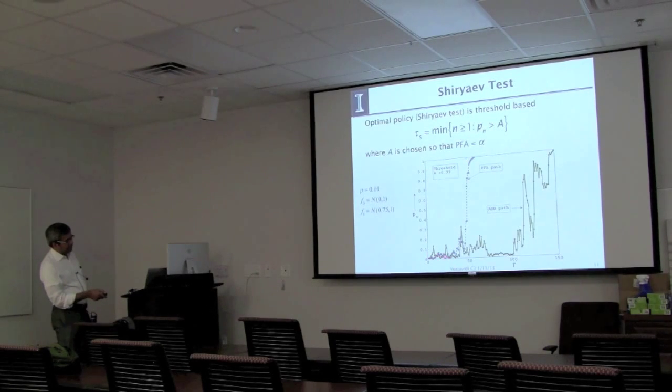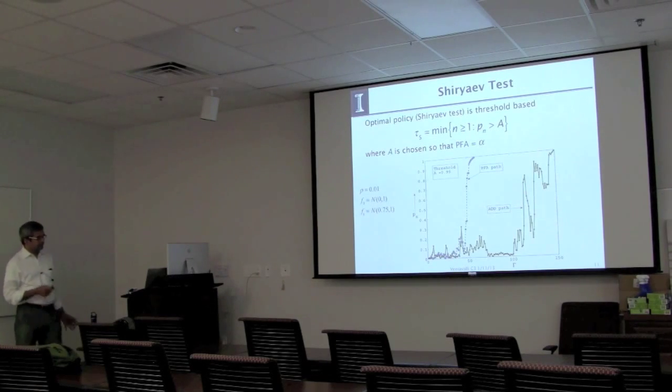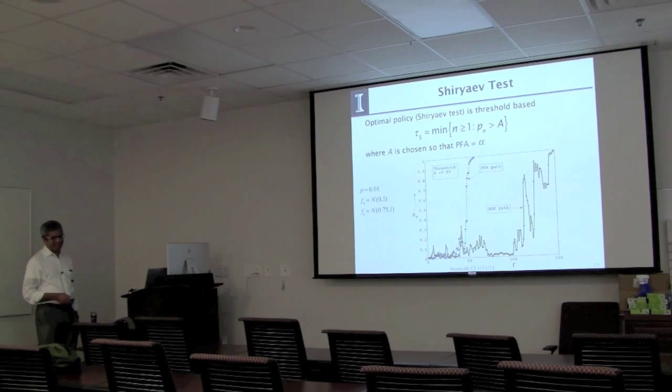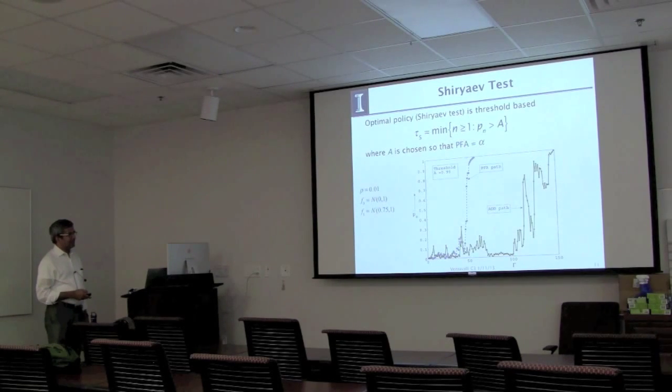And the change happens at time 100 here. And you see that you could have paths where you cross this threshold before the change. That's a false alarm path, and this is a delay path. How did you get the blue curve? You just ran simulations, and you found one that was a false alarm path, and another one that was a delay path. So that's a typical evolution.